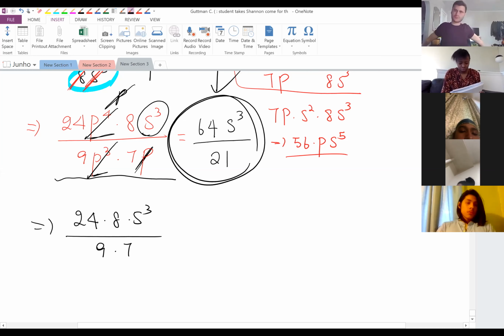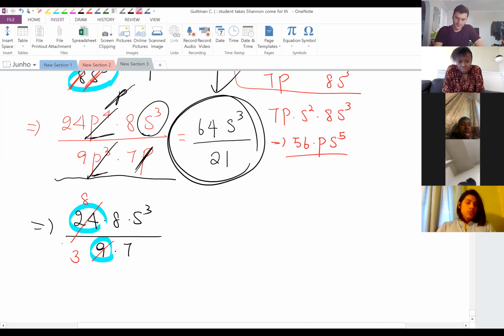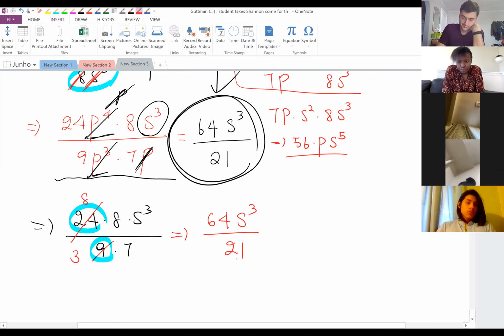Of course, you can multiply 24 and 8, but beforehand, can we simplify any two numbers between numerator and denominator? I see that 24 and 9 share a common factor, which is 3. So that's why I simplify them first. Divide by 3, then this becomes 8, this becomes 3. And no more common factor. So now finally we multiply them, then this becomes 64 S cubed over 21. That's how we got it.